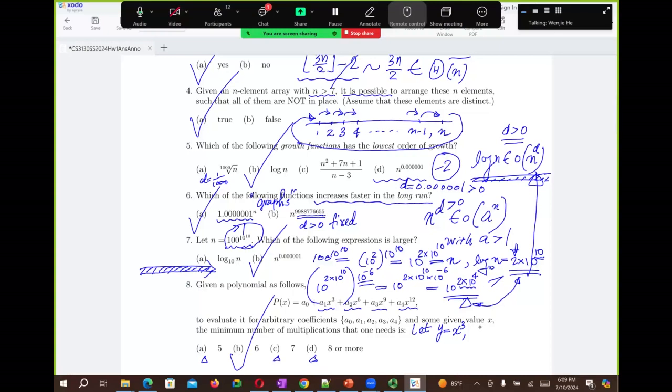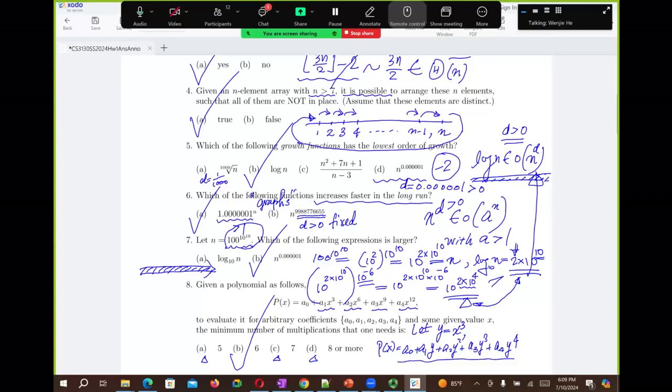If you do the substitution, then p of x is a0 plus a1y plus a2y squared plus a3y cubed plus a4y to the fourth.